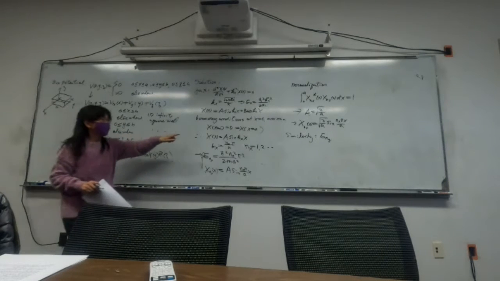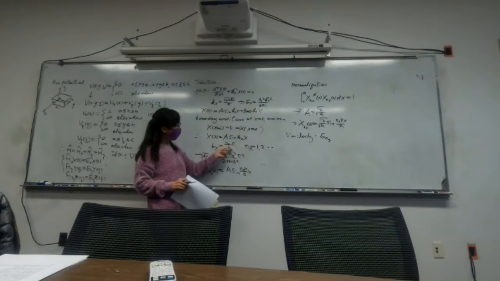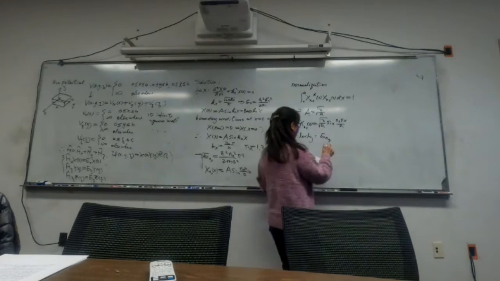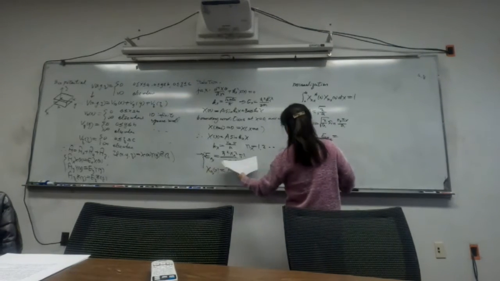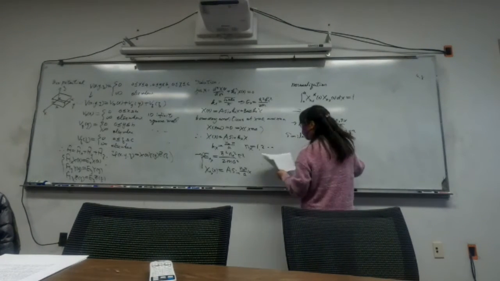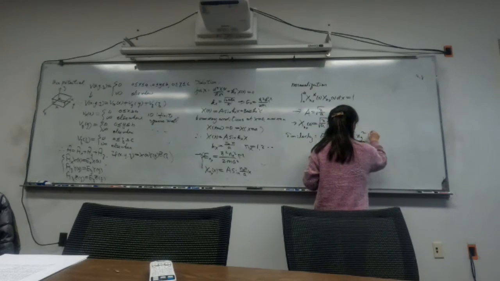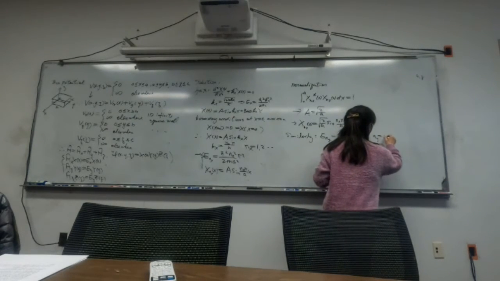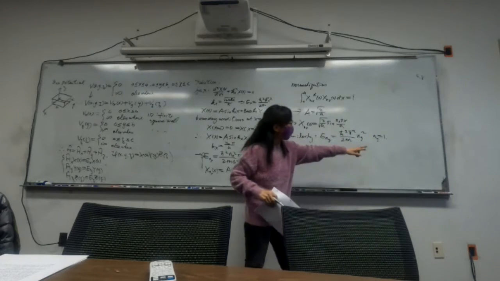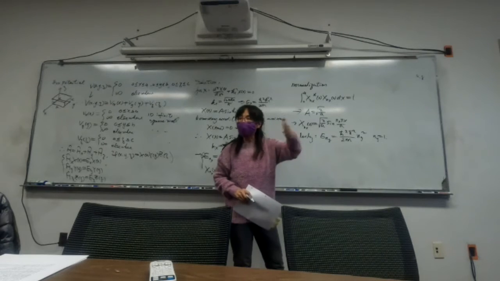For x, this k_x is n_x π over a, but y is different. So now I immediately give you the energy ħ²π²/2m times n_y²/b². The only difference is n_x becomes n_y. n_y also starts from 1.